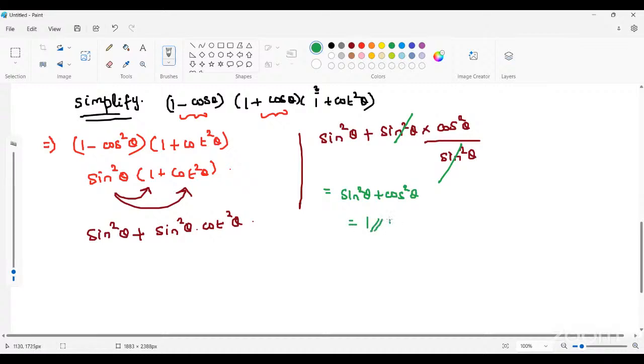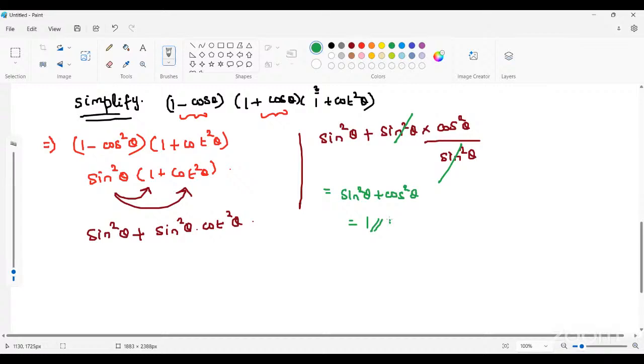Usually when they ask us to simplify, after simplification the answer would be very simple, like 1 or just either sine theta or cos theta or something like that. Mostly you will not have any negative terms or very big ones. If it is like that, then it means that we have made a mistake somewhere.